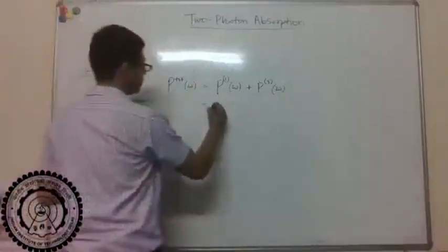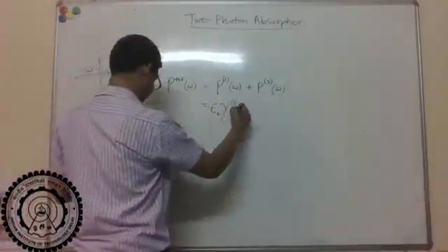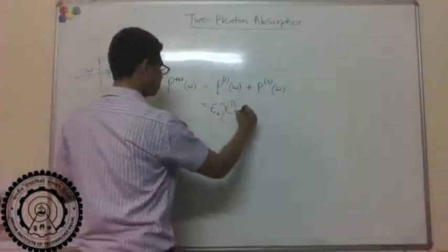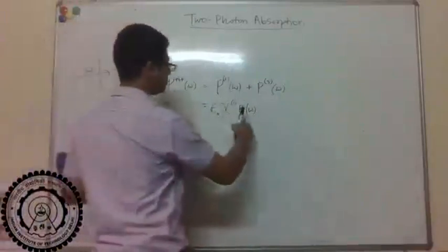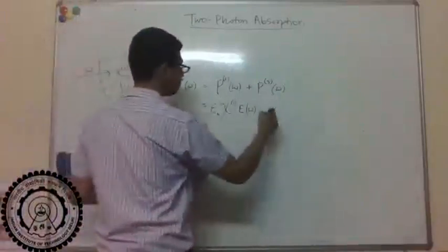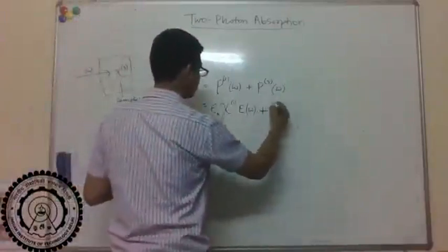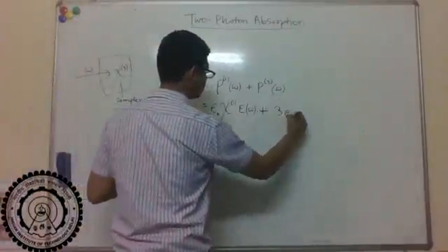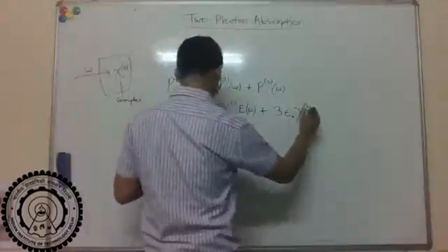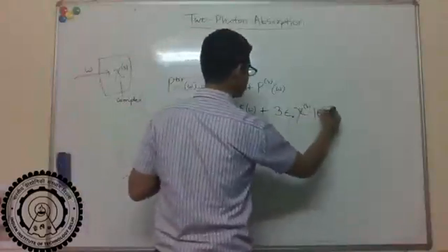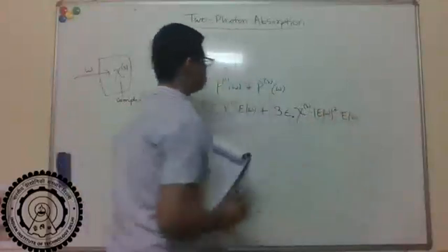So again, you can just write these terms. We know the linear one goes as epsilon naught chi1 times the electric field of the input wave, right? And the third order, we know at frequency omega, you can write as, right.